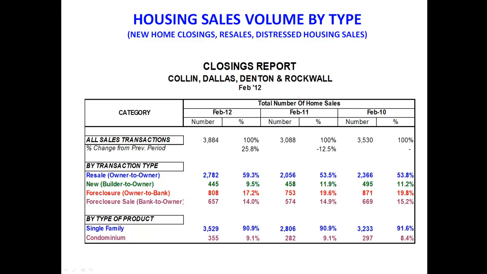Many of these asset managers have improved their processes, improved their staffing levels, and we see those numbers coming up appreciably. A lot of that volume goes into the resale category because that's a category, again, that can include short sales. So as those lenders push homes over into the short sale category, those numbers are coming up while the categories of distress have been coming down.